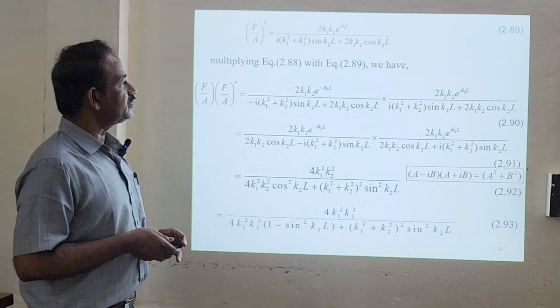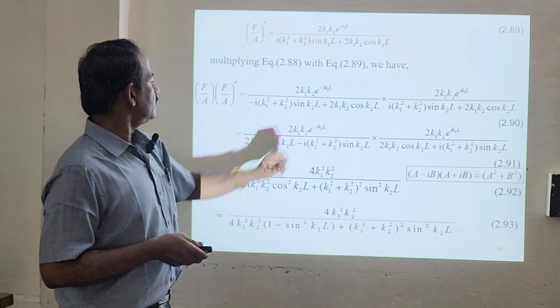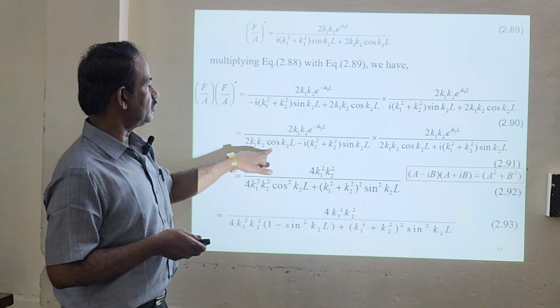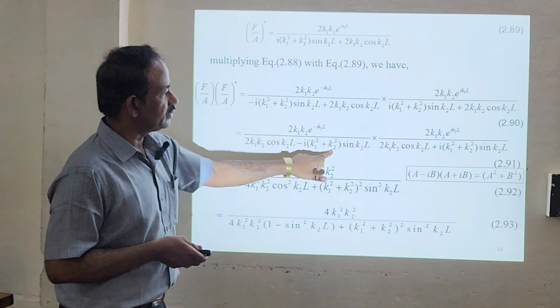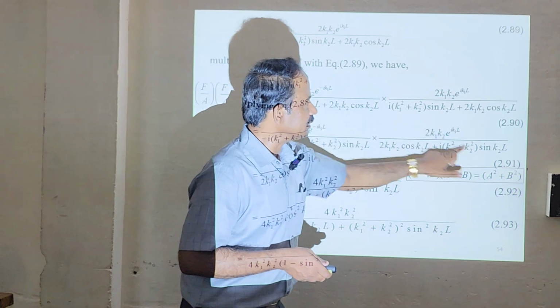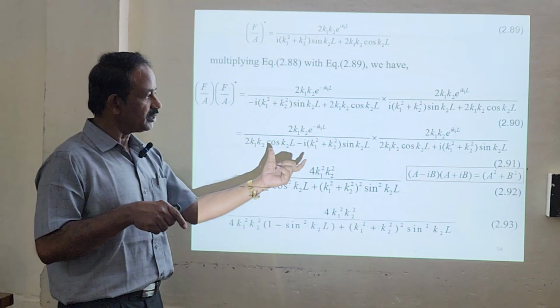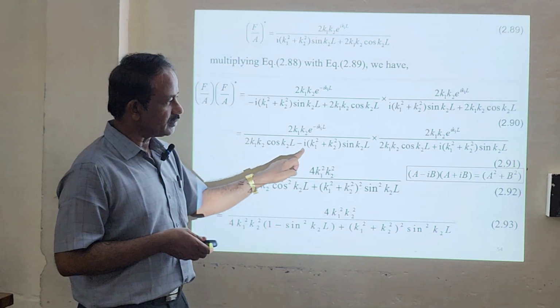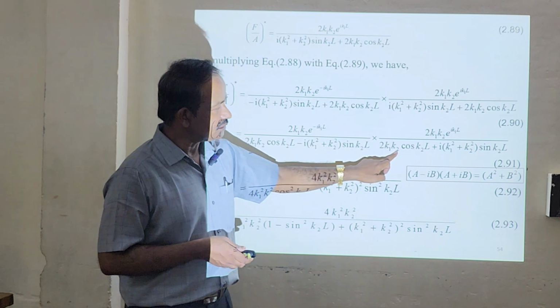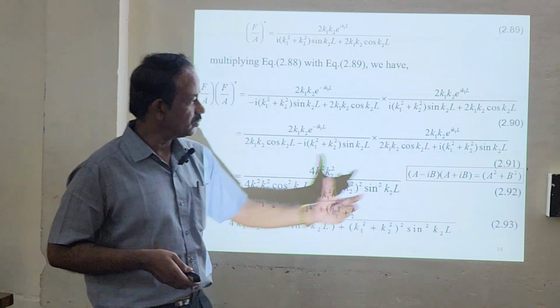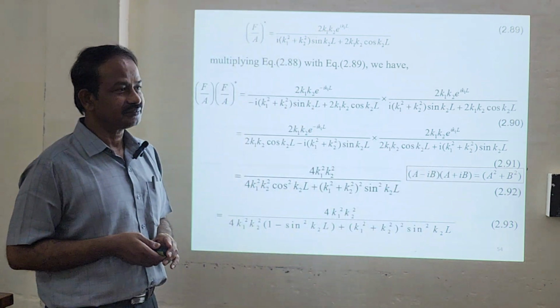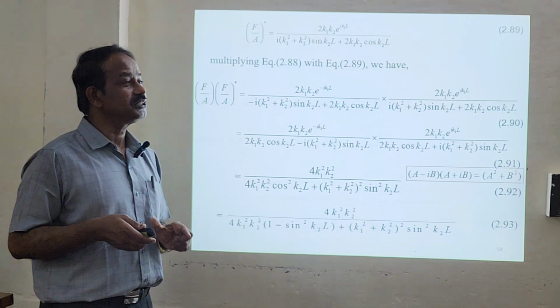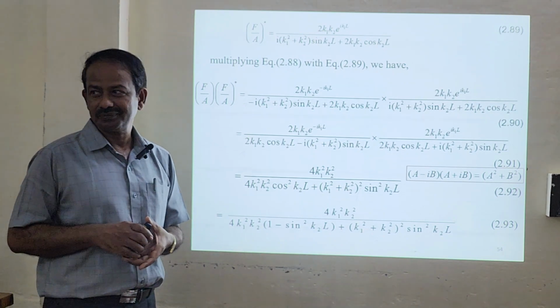When you multiply these two, that will give you 2k1 k2 cos k2, which I have written here. I have changed the term and written it. Of course we know that this is a minus ib multiplied by this a plus ib, so the answer is a squared plus b squared. A squared minus b squared will be a plus b, a minus b.